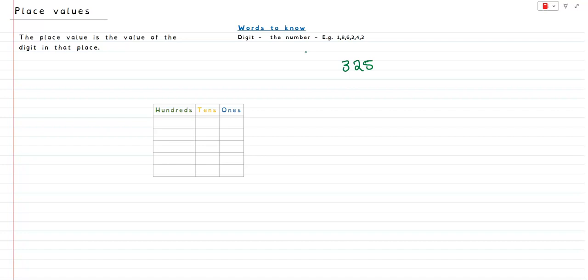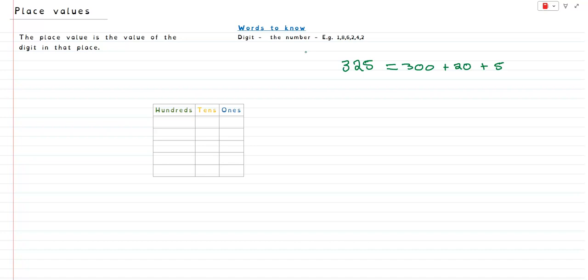Now we need to actually find the value of this number. Okay, so we know that if we read it, 325, you can automatically hear there's a 300, there's a 20, and there is a 5 if we have to break it up like that.